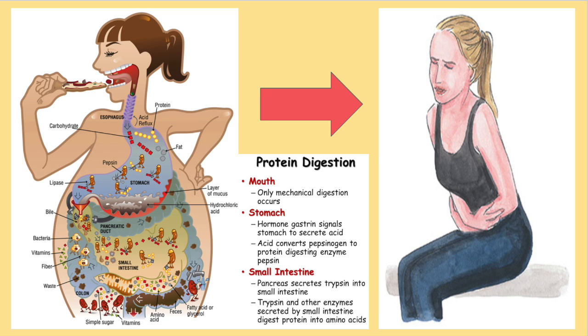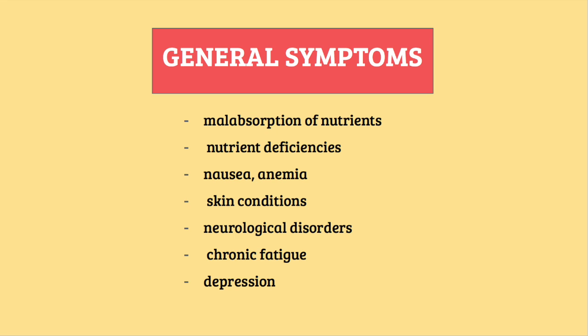Instead of digesting these proteins fully, those with gluten intolerance are unable to digest the gluten, and an inflammatory response is created, causing pain and other uncomfortable symptoms to this individual. Because of this, people dealing with these forms of gluten intolerance experience symptoms of malabsorption of nutrients, nutrient deficiencies, nausea, anemia, skin conditions, neurological disorders, chronic fatigue, depression, and much more.